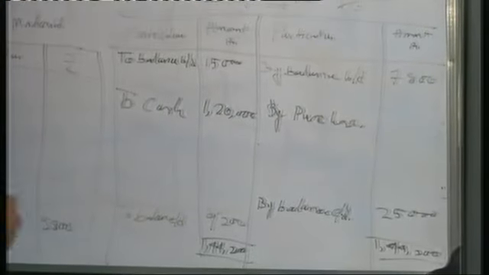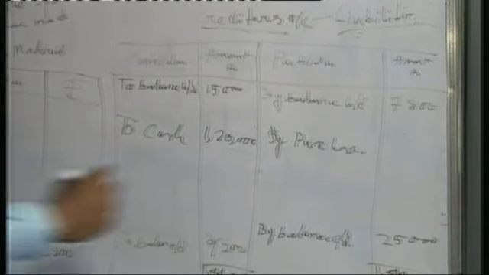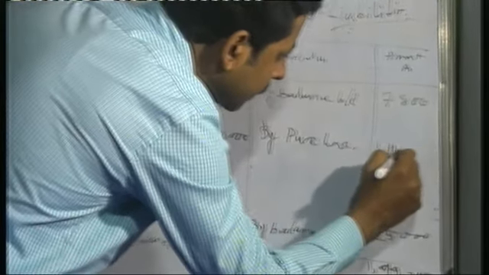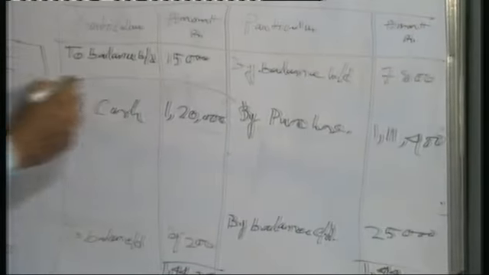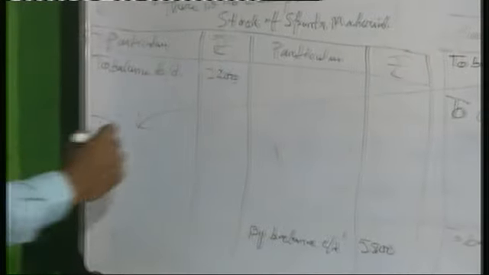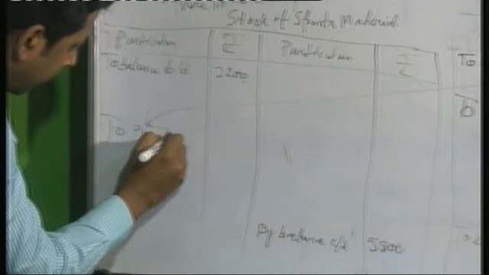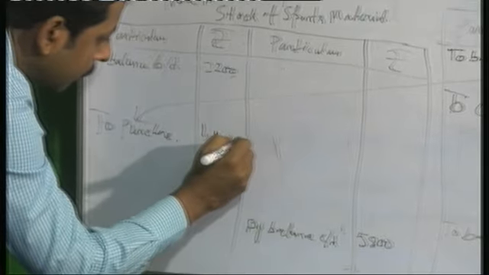of raw material. What will be the amount of purchase? 1,11,400. So this purchase will come here. To purchase 1,11,400.